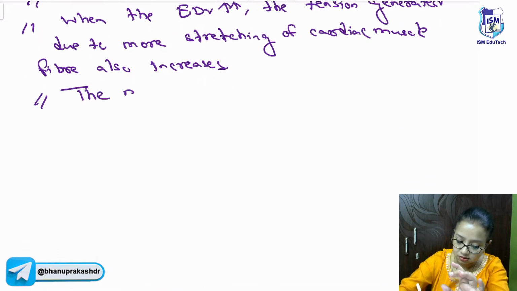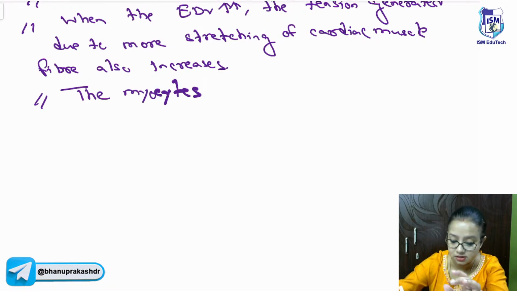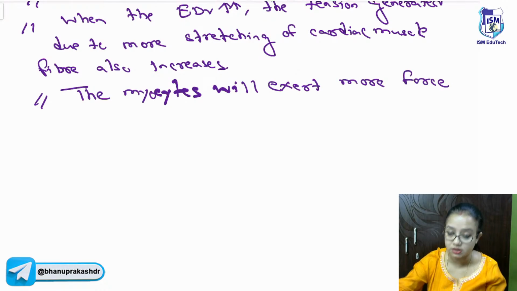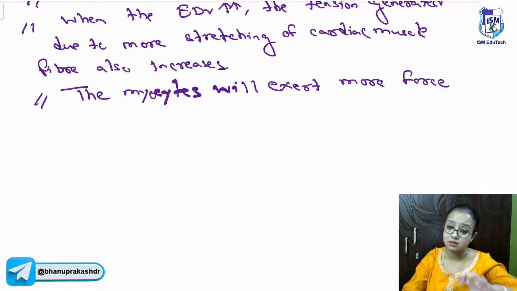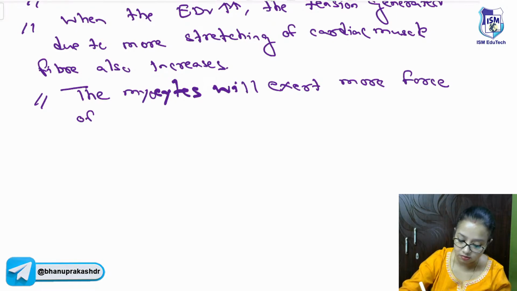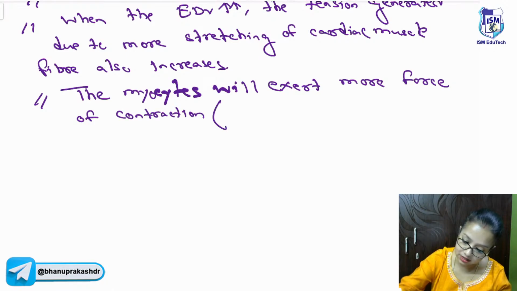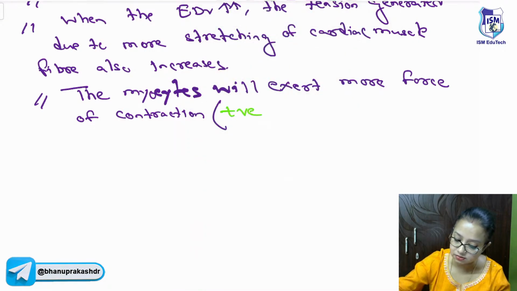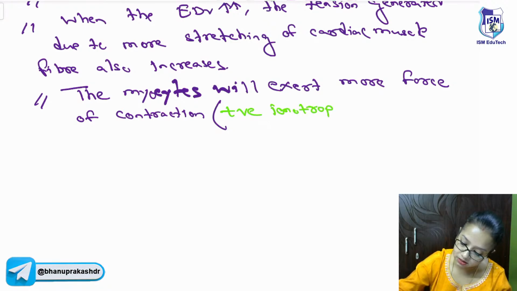The myocytes, that is the cardiac cells, will exert more force. It will increase the force of contraction. That is what we call positive inotropy.